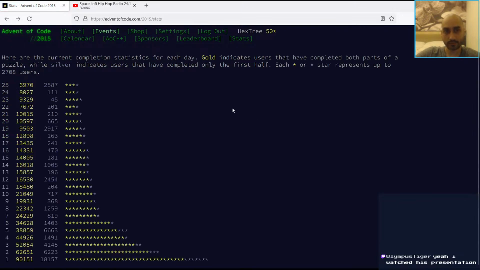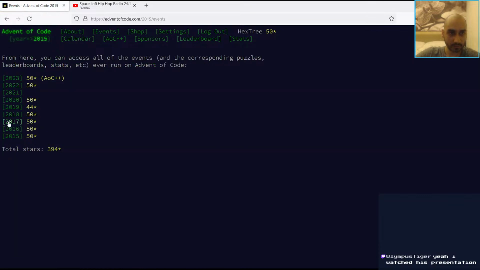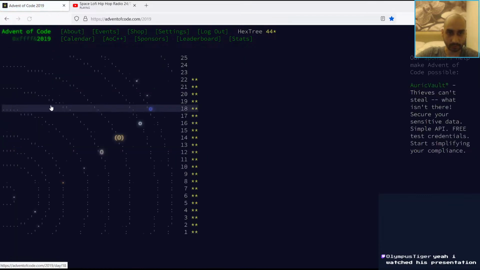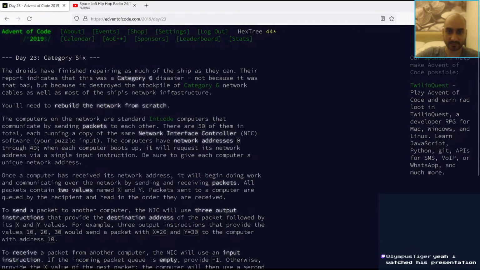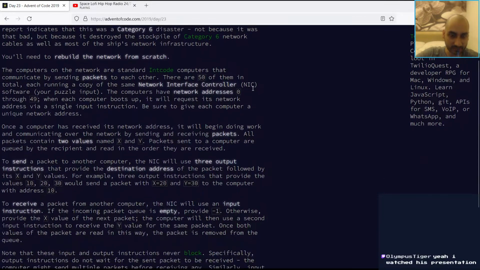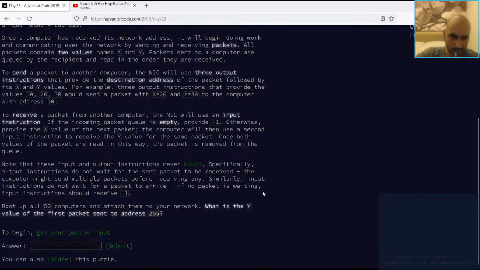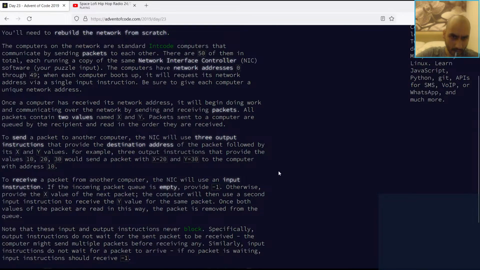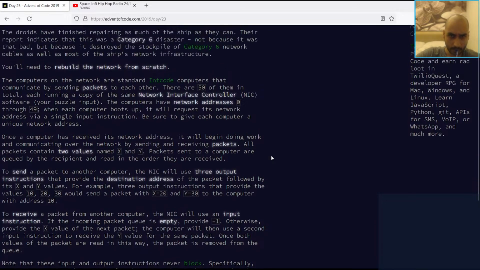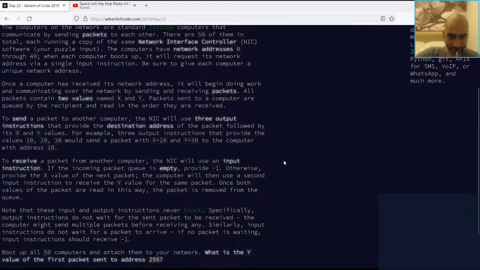Okay, so should we take a sneak peek of the next problem that I might do tomorrow? Day 23. I hope this is an easy one. I just want it to be easy. Oh, it's gonna be an Intcode. I don't know what this is about.